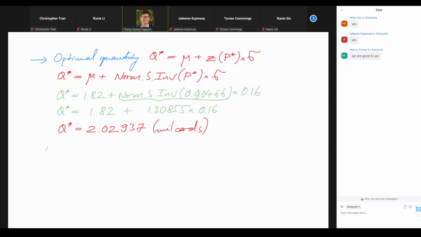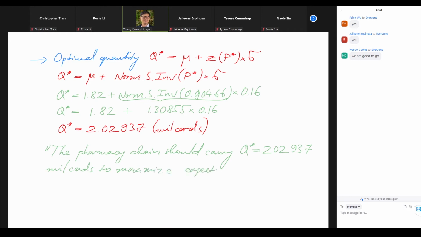So what does that mean? It means that the pharmacy chain should carry this Q star of 2.02937 million cards so that they can maximize the expected profit this graduation season.